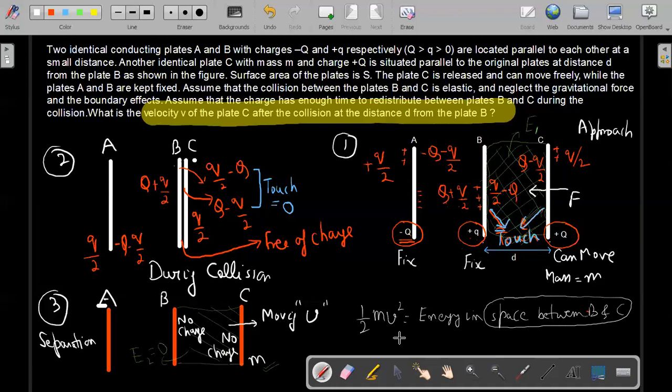It is similar to the formula of energy of a capacitor. And according to the formula of energy of a capacitor, it is the square of charge divided by 2 times the capacitance.